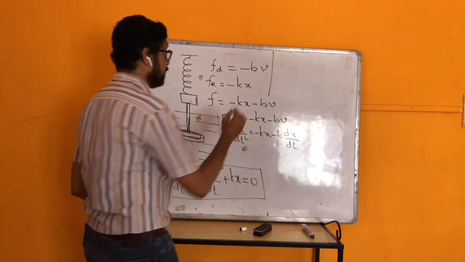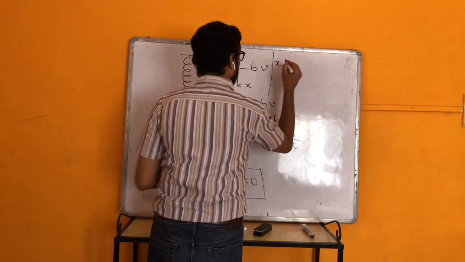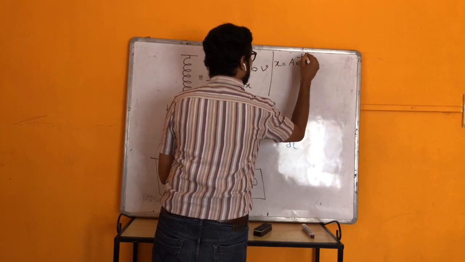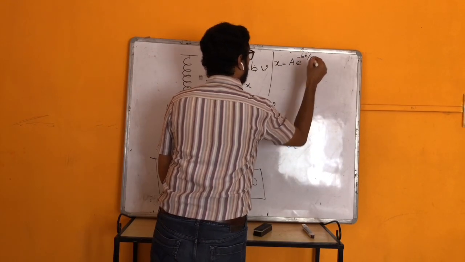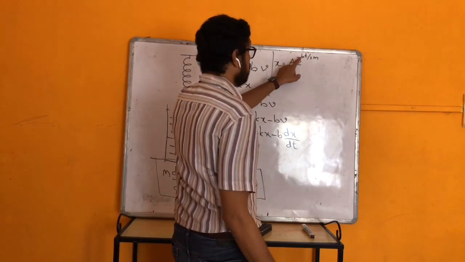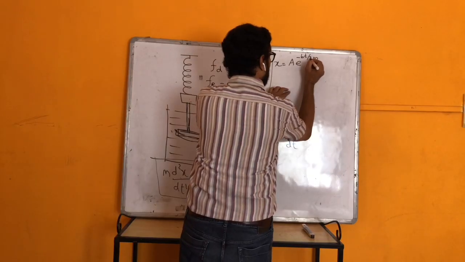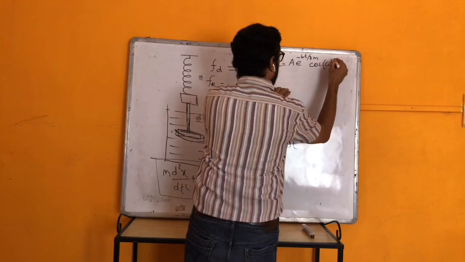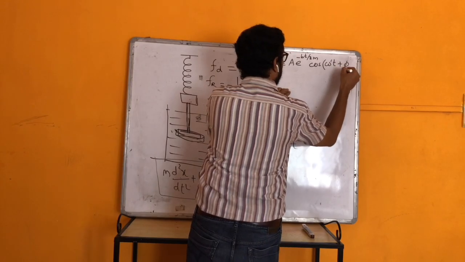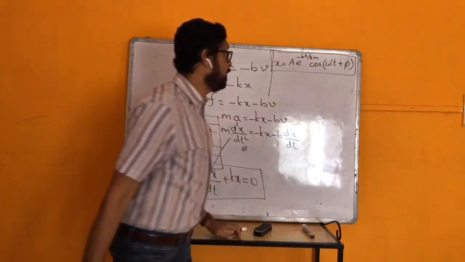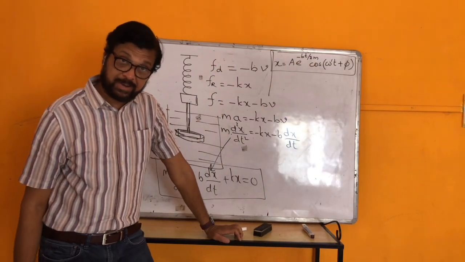If you solve this equation, you get x is equal to ae raised to minus bt by 2m cos omega dash t plus phi. This is the displacement in damped oscillation.